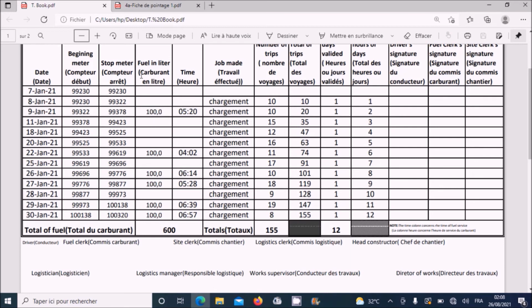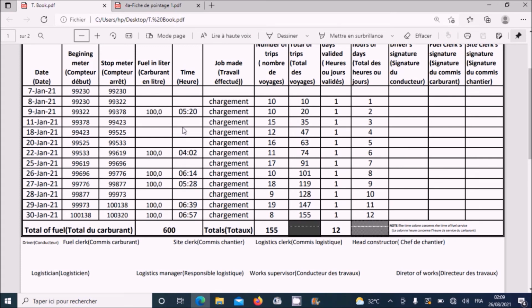This is the quantity of fuel. So the total is 600. We have here 1, 2, 3, 4, 5, and 6. So 100, if we multiply 100 by 6, we have 600.